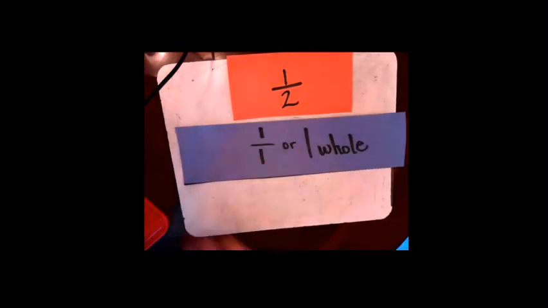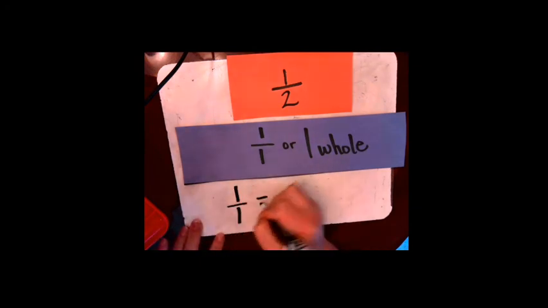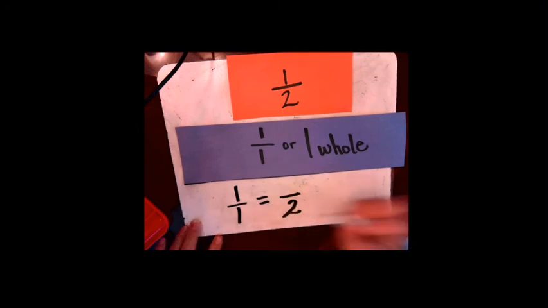And let's do one more. I'm missing my other orange. Let's see. Okay, well, if I have my 1 over 1, or 1, how many halves is that going to equal?